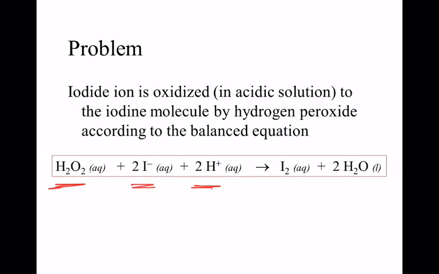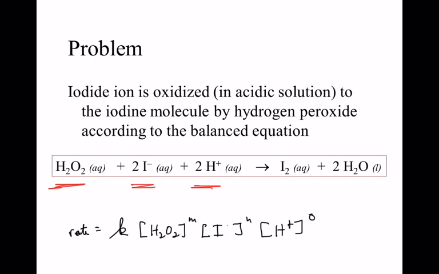I'll do it at the bottom here. We could say the rate, or reaction rate, is equal to the rate law constant k times the molar concentration of the H2O2 raised to its reaction order, m, molar concentration of I minus raised to its reaction order, n, molar concentration of H plus raised to its reaction order, l, m, n, o. Okay?